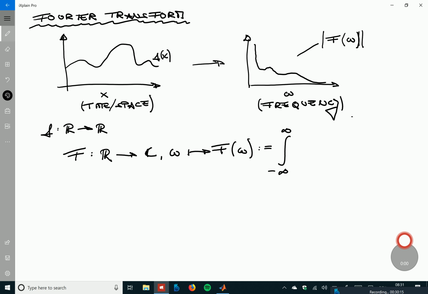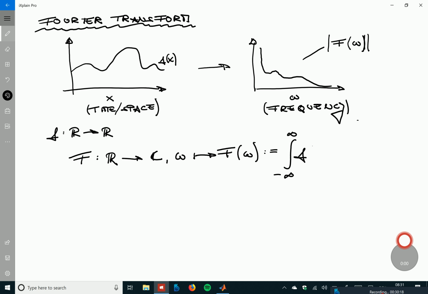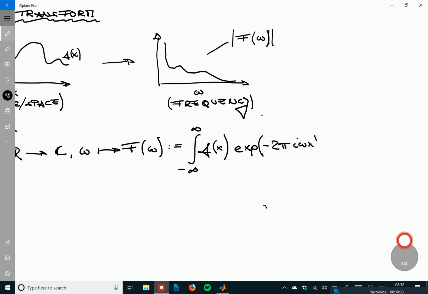the integral of the function f(x) times the exponential of minus 2 pi i omega x dx.